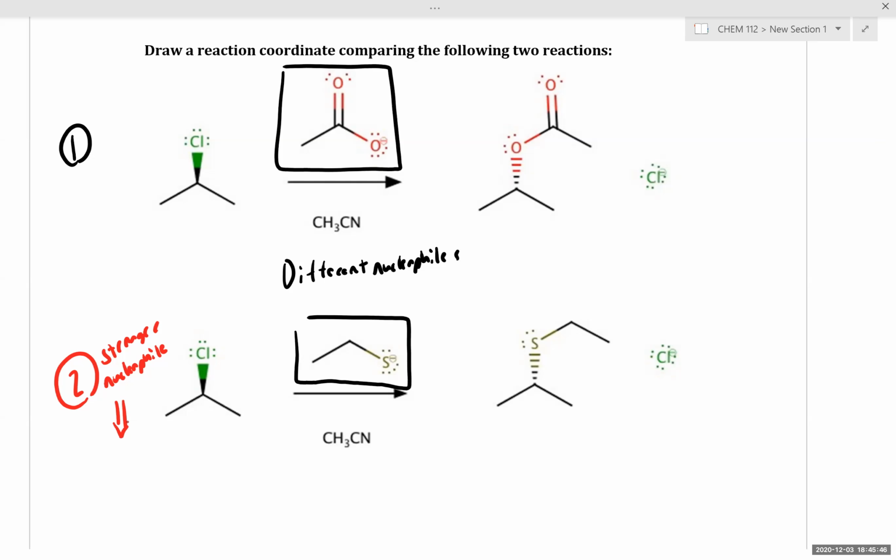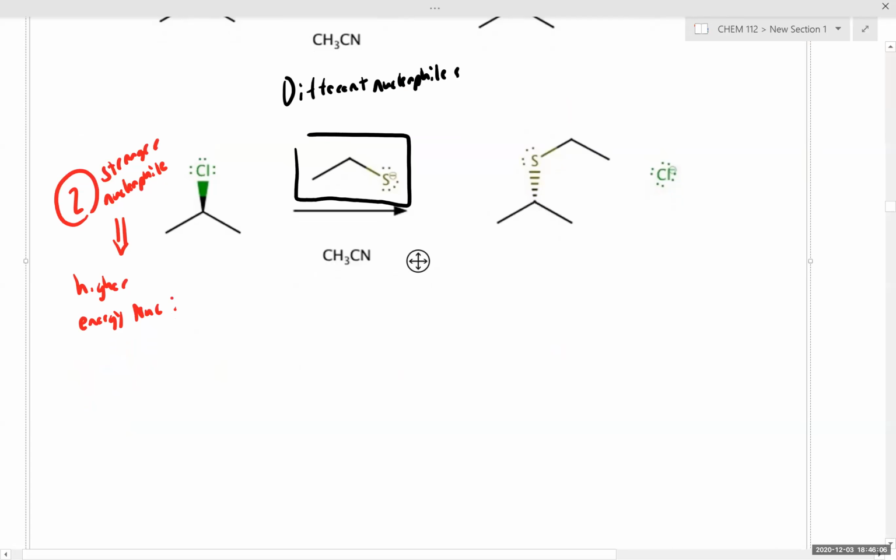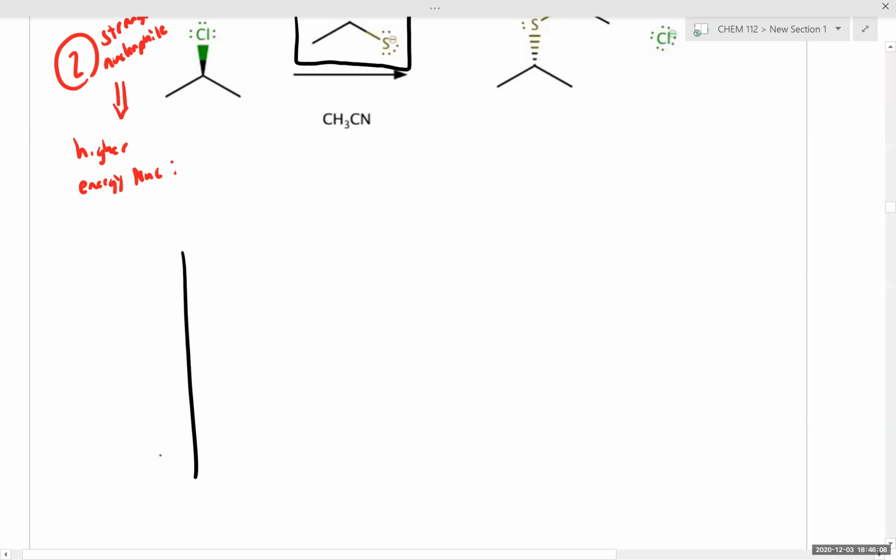What does that tell us? Higher or lower in energy? Higher in energy, exactly right. Okay, perfect. So now that we have this set up, let's draw out our pathways.